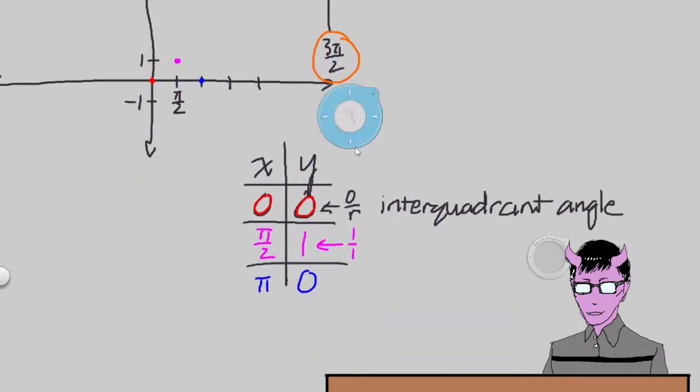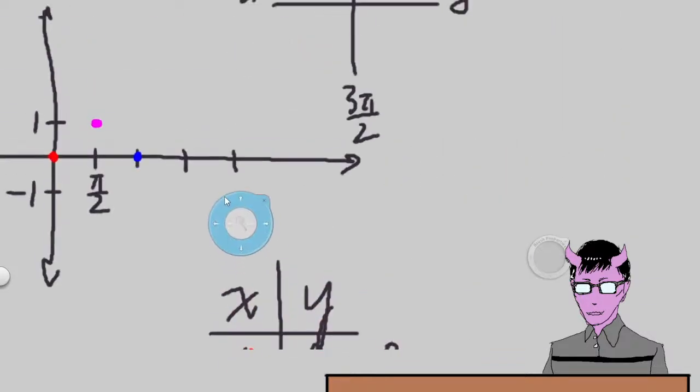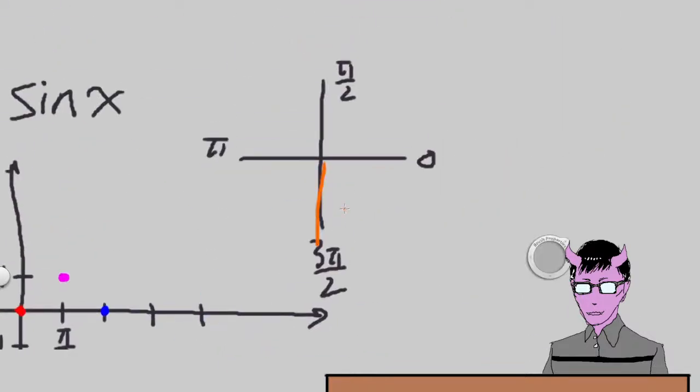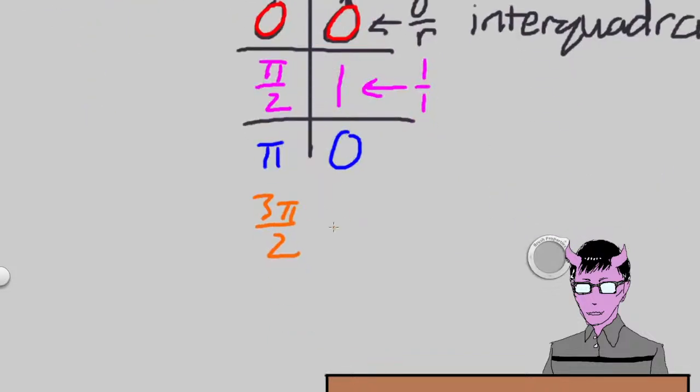So when x input is 3 pi over 2, what happens for that one? So we have another collapsed triangle where the opposite is equal in magnitude to the hypotenuse, but it's pointing down the y-axis, so it's going to be -1 to +1 ratio, thereby leading us to -1.